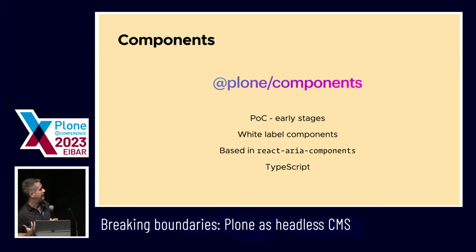And the idea is that these components are not tied to anything, not tied to any framework or CSS. They will be low-level components, thanks to using what is now called a headless CSS framework, where the best position now is React Aria Components.